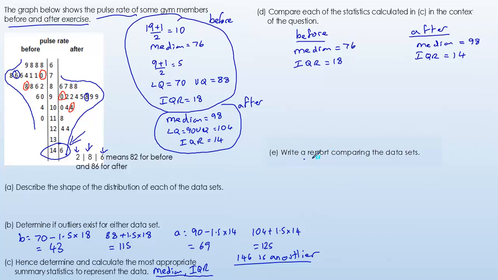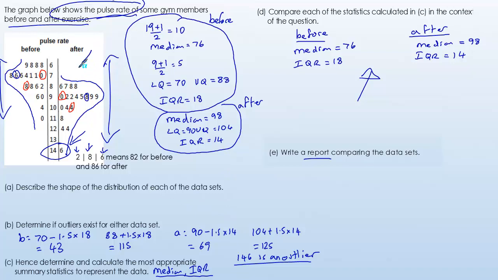We're now asked to write a report comparing the data sets. Well, I'm not actually going to do that, but what should we put in a report? Well, we should put in what exactly we're measuring, so it's pulse rate before and after exercise. We should mention the things we mentioned in D, so comparison of medians, comparison of interquartile range, and I would say also comparison of range here, since it seems to have a very big effect with this outlier out here.